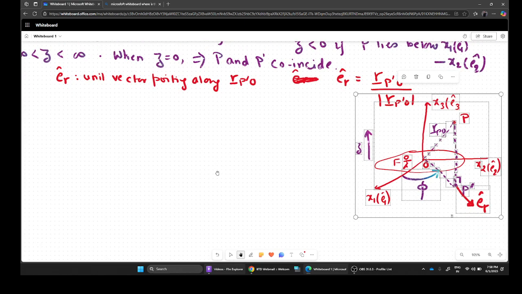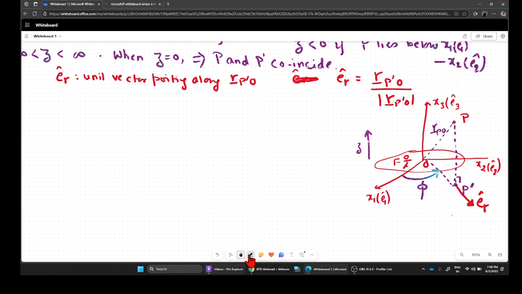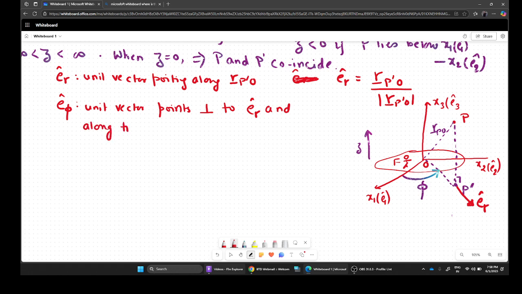This is the direction of the unit vector e_R. How is e_phi defined? The unit vector e_phi points in a direction perpendicular to e_R and along the direction of increasing phi.